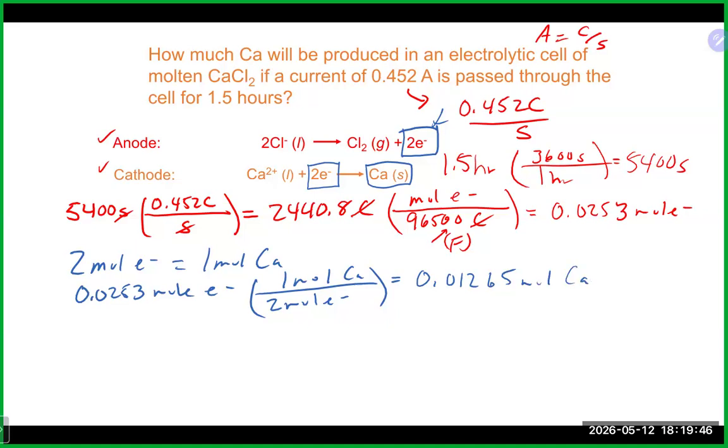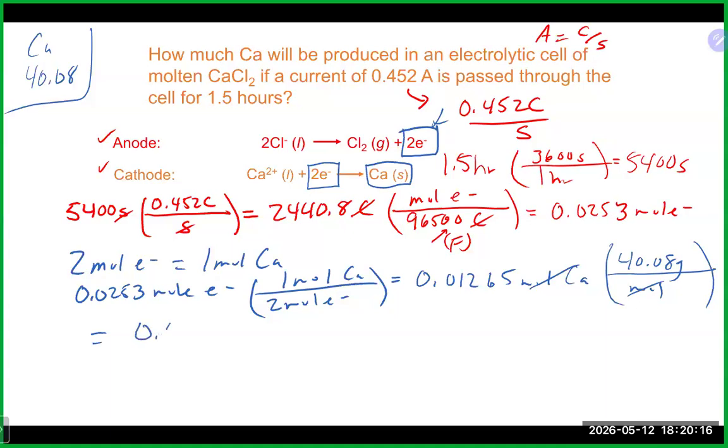Since we are interested in grams, we go to the periodic table and get the molar mass of calcium, which is 40.08 if you look it up. Using 40.08 grams per mole gets rid of our moles, and that tells us we will produce a whopping 0.51 grams of calcium.